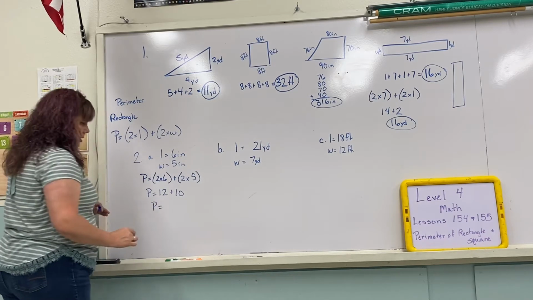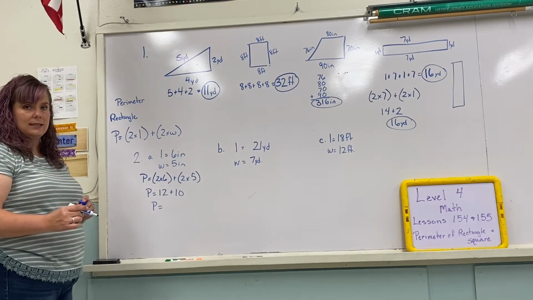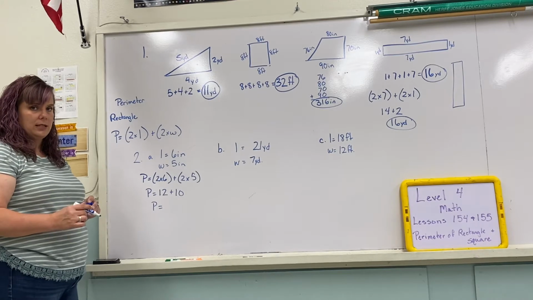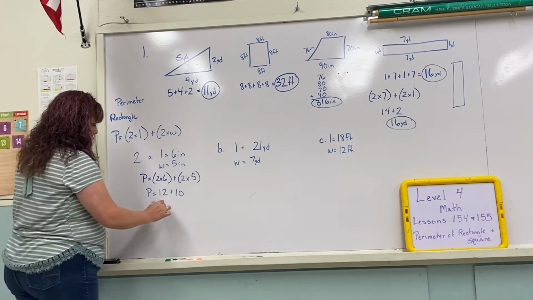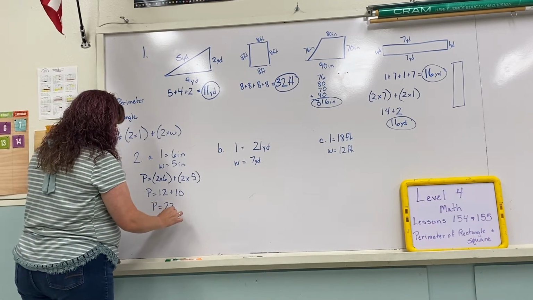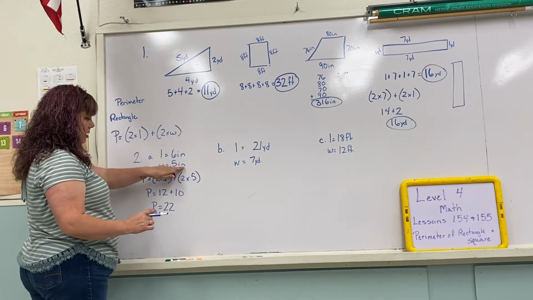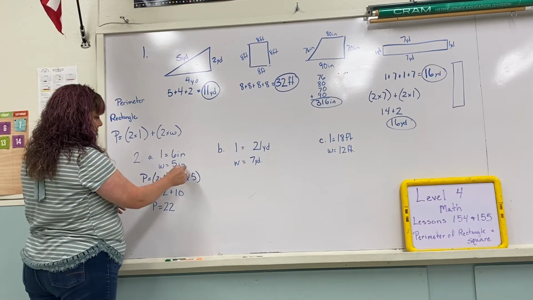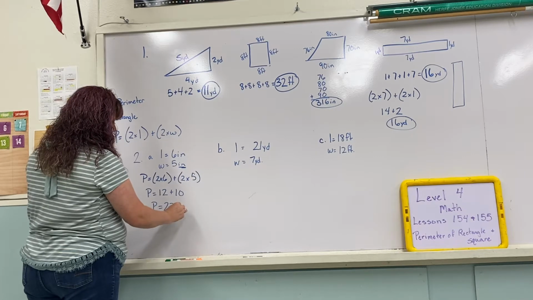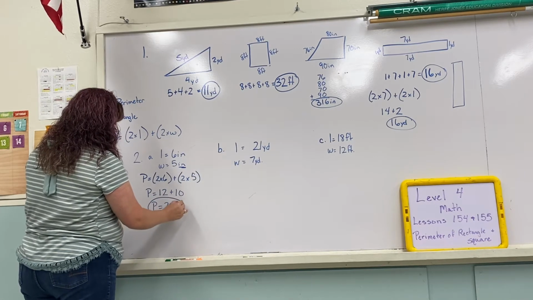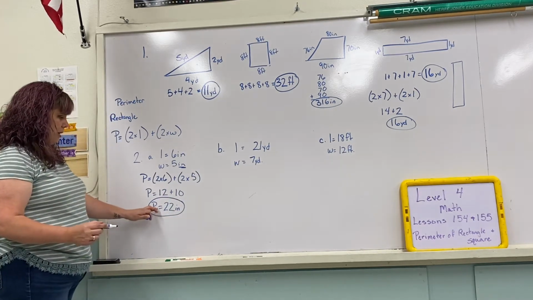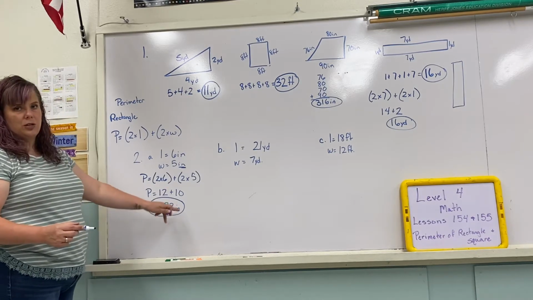P equals 12 plus 10, you guys can do this. I'm hoping you got 22, because that's right. Now remember, we need to add in our measurement. Look back here, what are we measuring? Inches. 22 inches, and we circle. P, the perimeter, equals 22 inches.